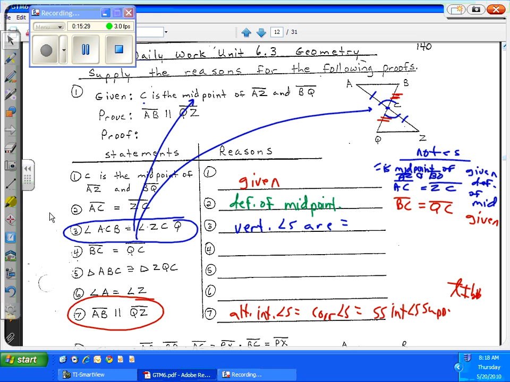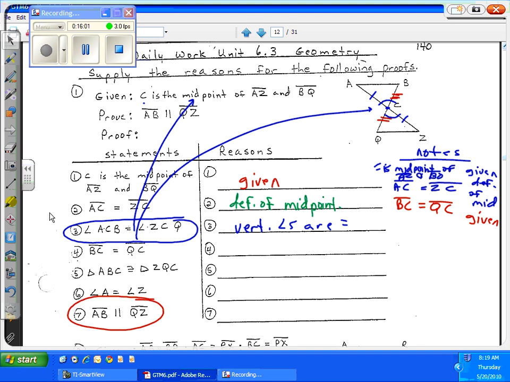Okay? Or definition of a parallelogram. So I didn't tell you which one of those it was, but when you think about how you say something's parallel, your choices are alternate interior angles are equal, corresponding angles are equal, same side interior angles are supplementary, the transversal is perpendicular to both. Then we've got a theorem that says if a segment joins the midpoints of two sides of a triangle, it is parallel to the third side and its length is half the length of the third side, so there's another thing.